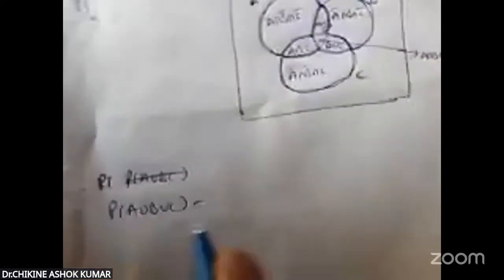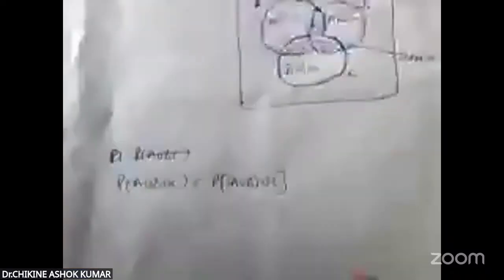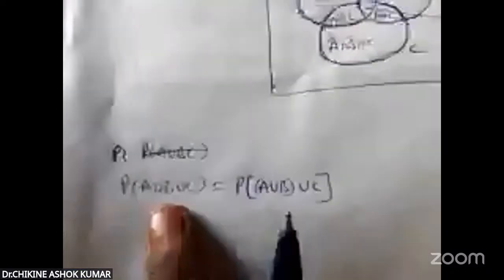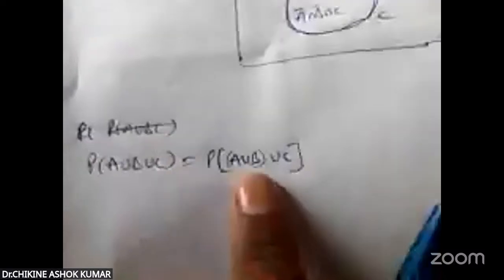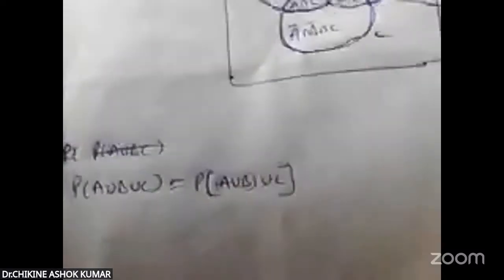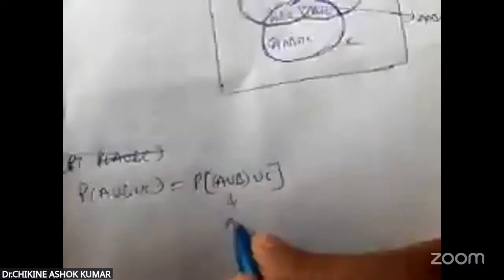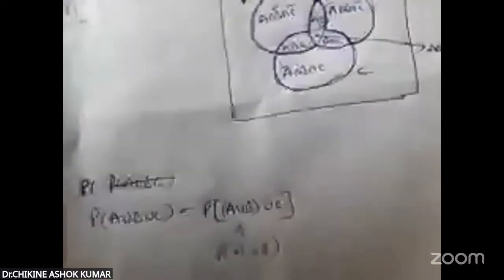That is probability of A union B, take this as one combination, union C. Okay, I am writing probability of A union B union C equal to probability of A union B is the one event. Assume this A union B is completely one single event, and the second event is C. Again, it is in the form of the A union B formula. So I converted a three events problem into a two events problem. That is A union B union C.